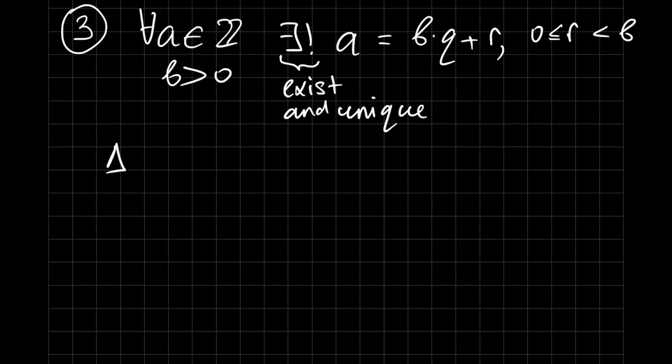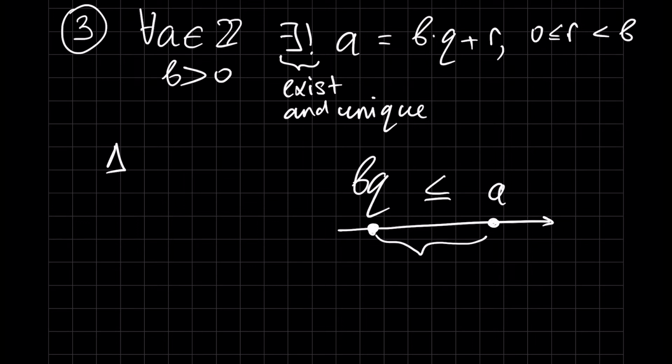Let's prove this. Indeed, we can take multiple of number B, which is BQ. We can take this number BQ such that this is less than or equal to integer number A. We can always do it.